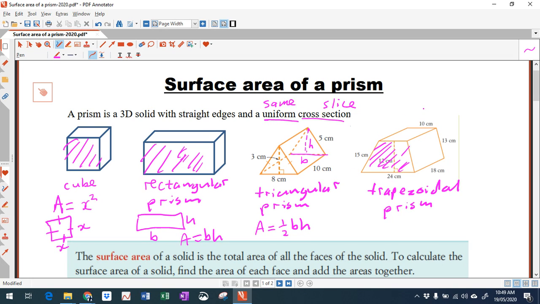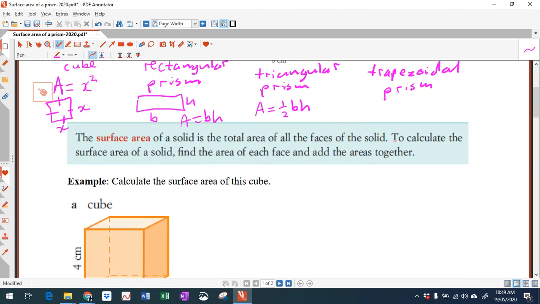And for a trapezium, I'll just do it up here, some random trapezium. Here is the height. Now it's got two parallel sides, side A and side B. The formula for the trapezium is h over 2 times (A plus B), where A and B are the two parallel sides. Okay, so let's move on to the first example.